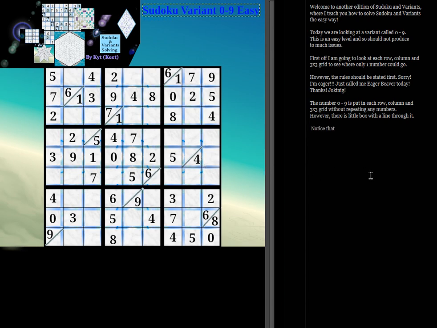Notice that a number can be put on either side of that line. This means that two numbers will both be valid inside that box.